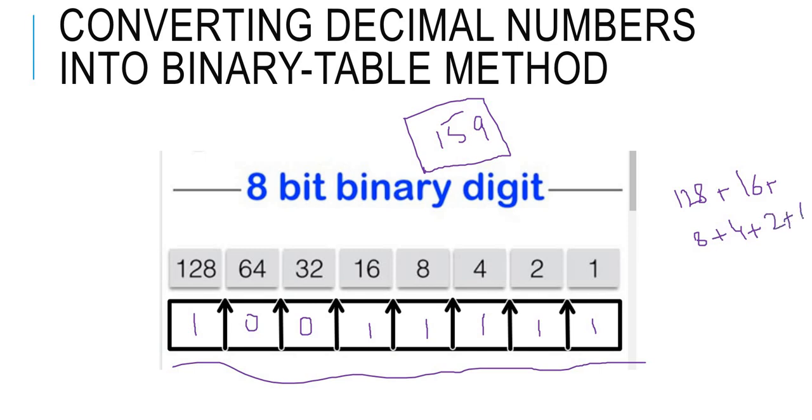We are adding that. You can quickly add it on your side. Come on, add it, and you can confirm that it is adding to give us 159. Yes, it is.